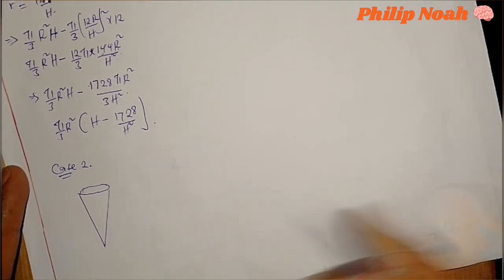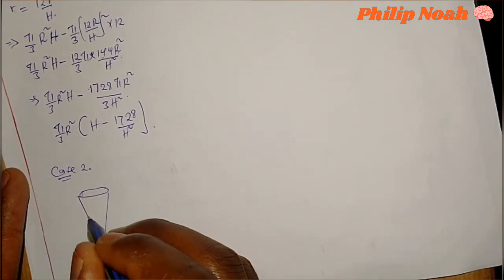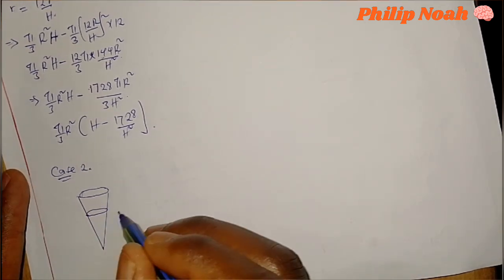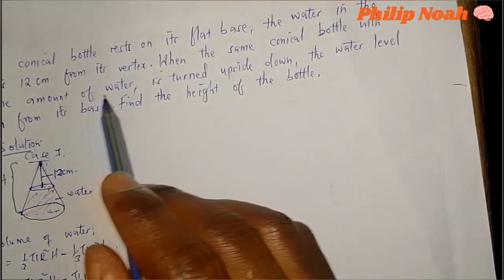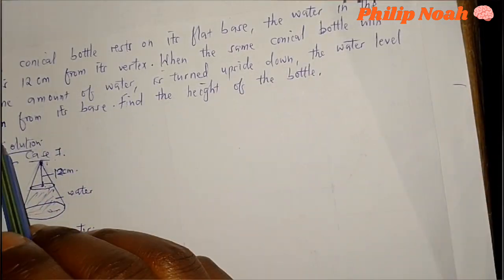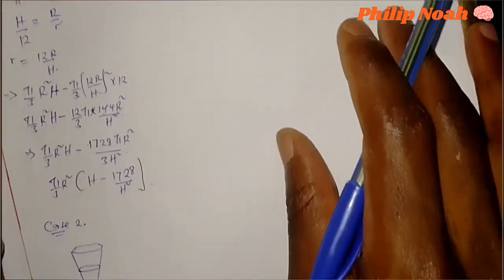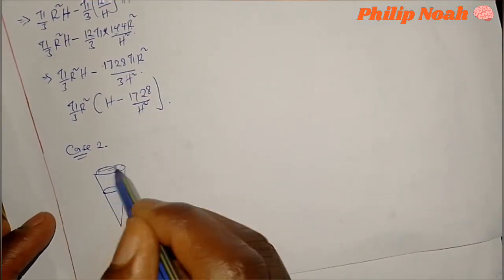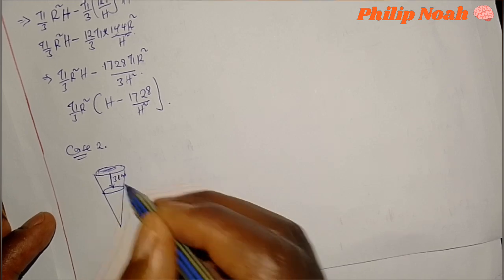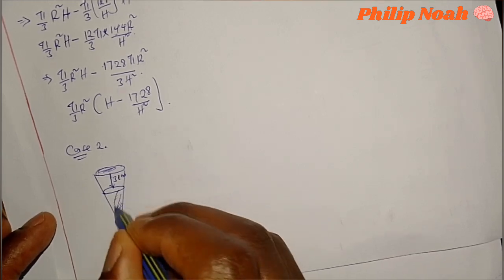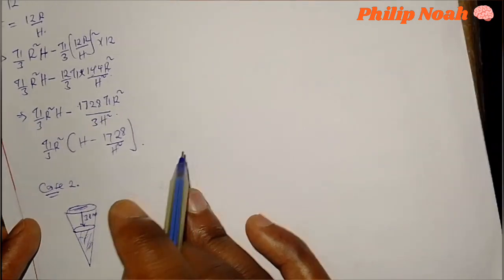Let's say this is the level of water in the cone, and we have been told that the same amount is turned upside down. The water level is 3 centimeters from its base. So this is the base. So 3 centimeters. This is the water inside.